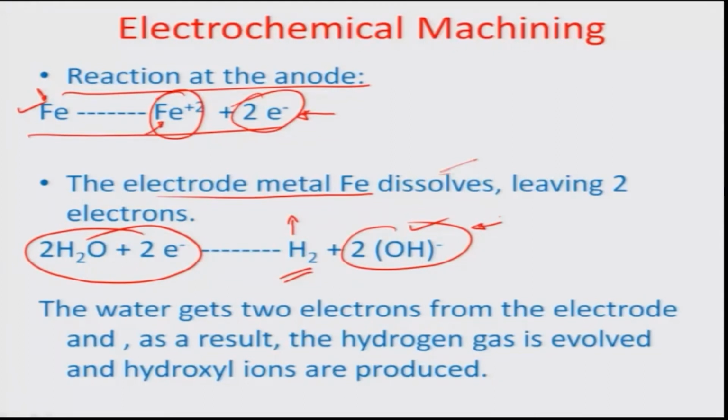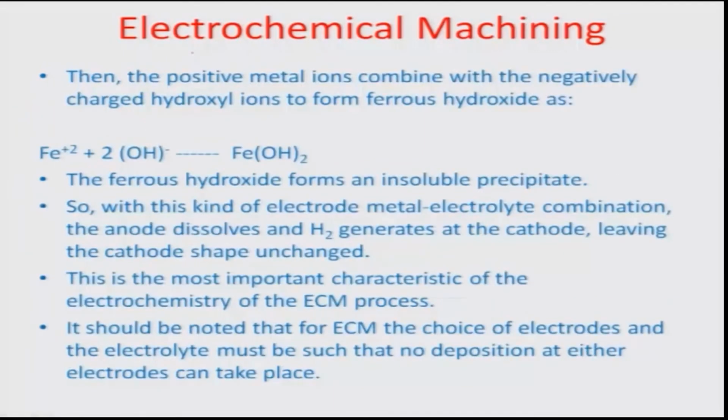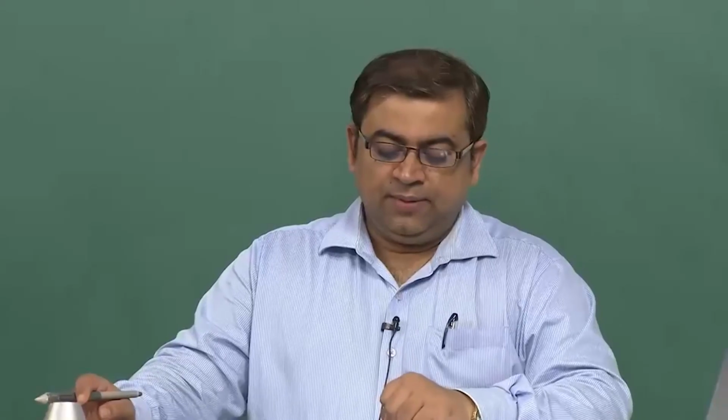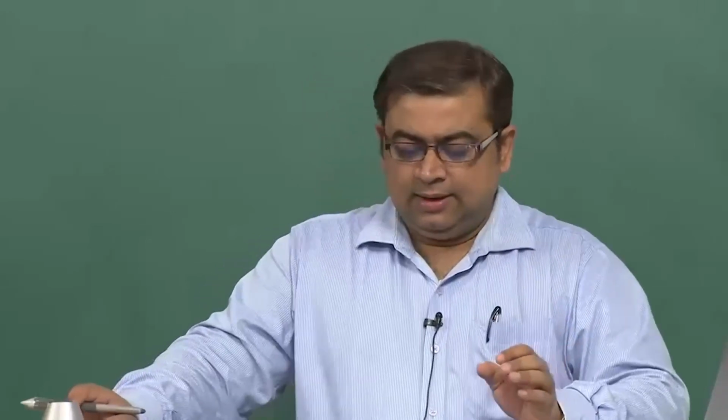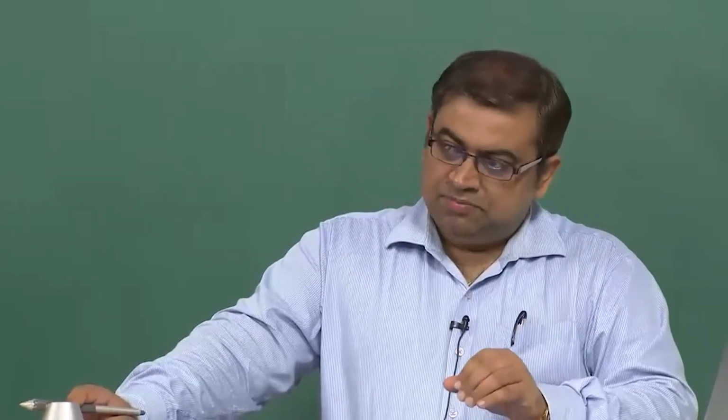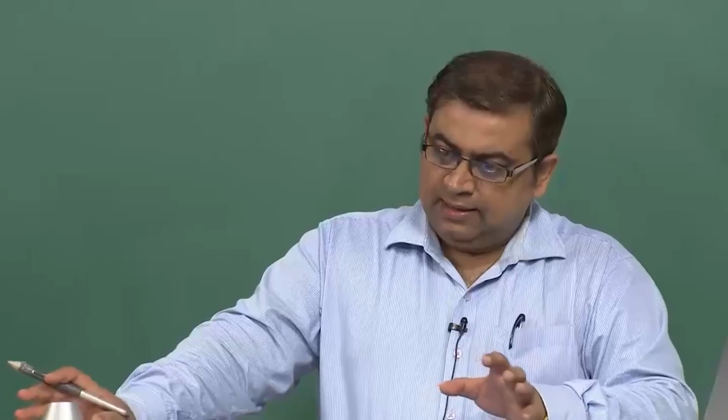So obviously there would be a reaction between this OH- and the Fe2+ because of its availability in abundance within the medium, and as a result you can have ferrous hydroxide, Fe(OH)2, formed in the medium, which is actually a precipitate. It is an insoluble compound of iron, and it precipitates and settles at the bottom of the electrochemical beaker or the jar where this whole reaction is taking place.